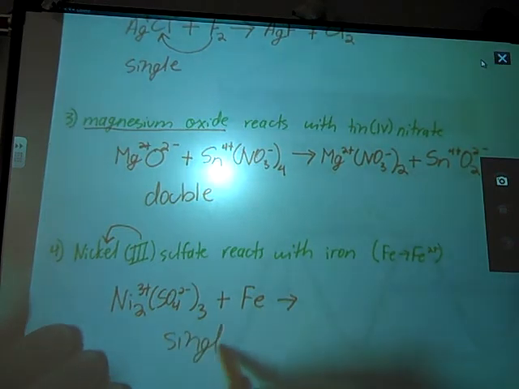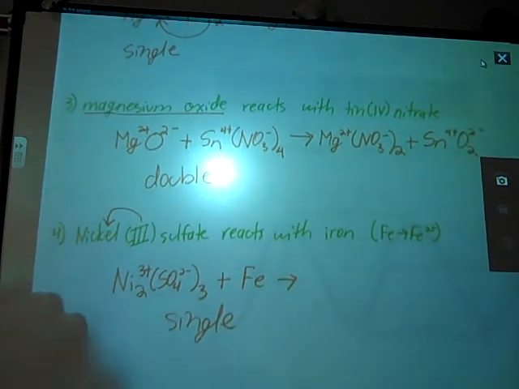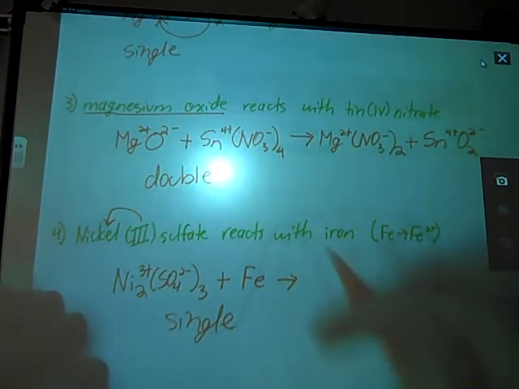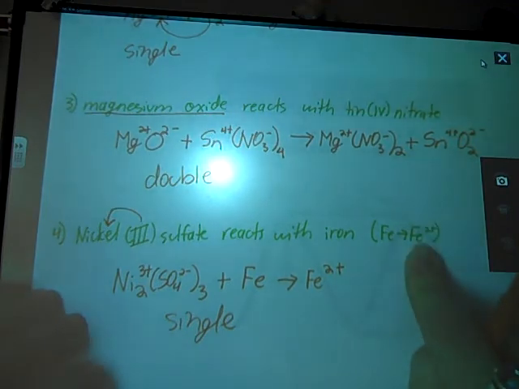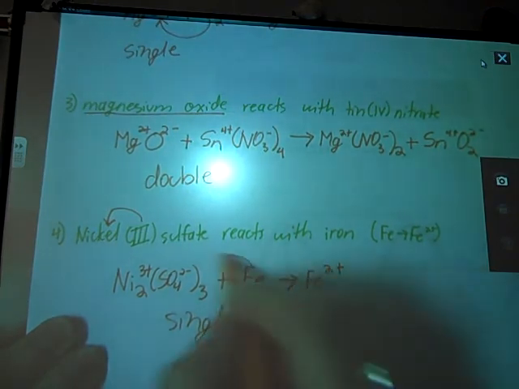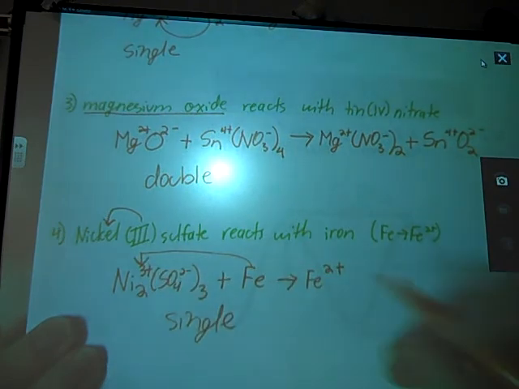That makes this a single replacement reaction. Iron here, my little hint is telling me that once he crosses the arrow, iron is going to take a 2+ charge. Iron has multiple charges, so you would have to be told what charge your ion picks up after it crosses the arrow. Since it's a positive, it has to boot out the other positive.